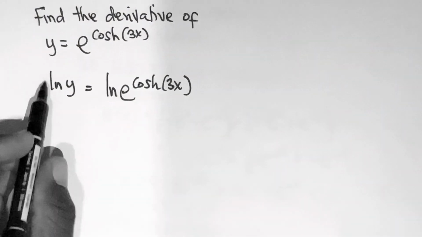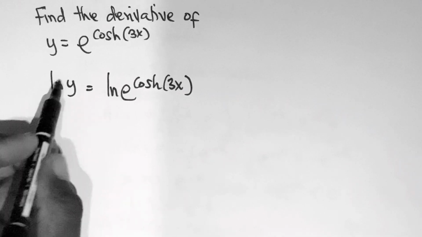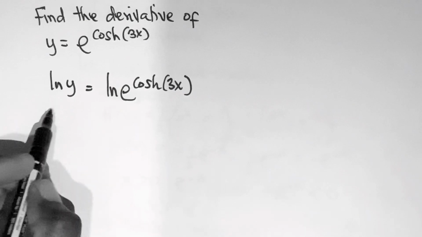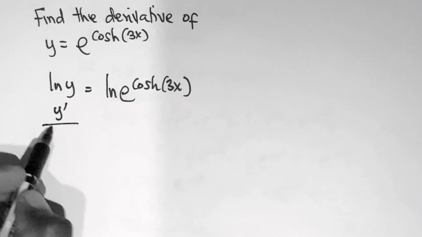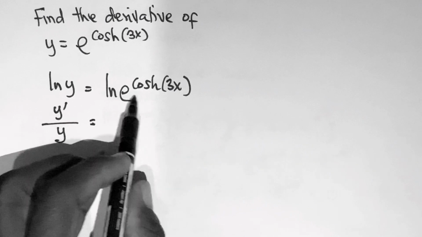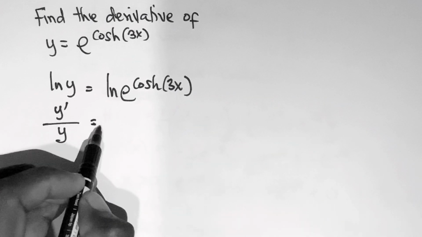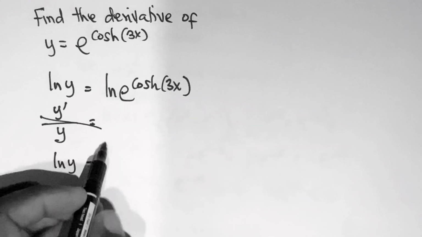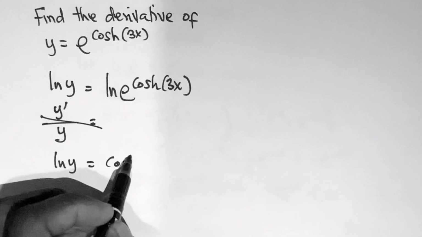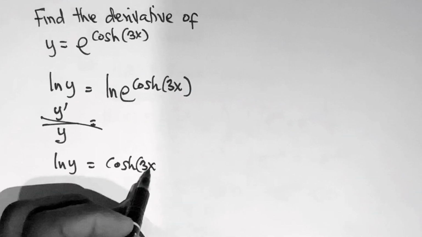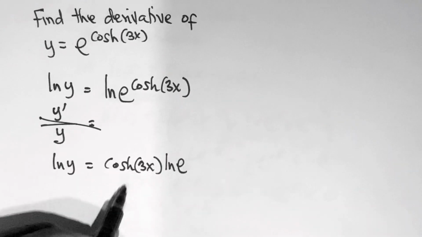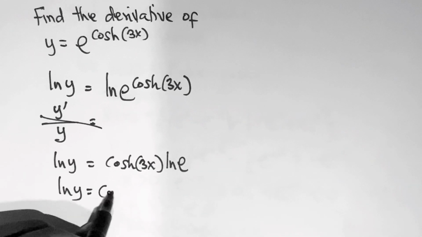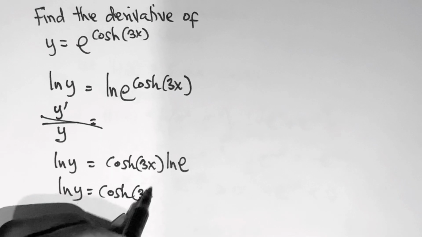So natural log of y is equal to hyperbolic cos of 3x, then natural log of e. Now ln e is 1, therefore natural log of y is equal to cos 3x.